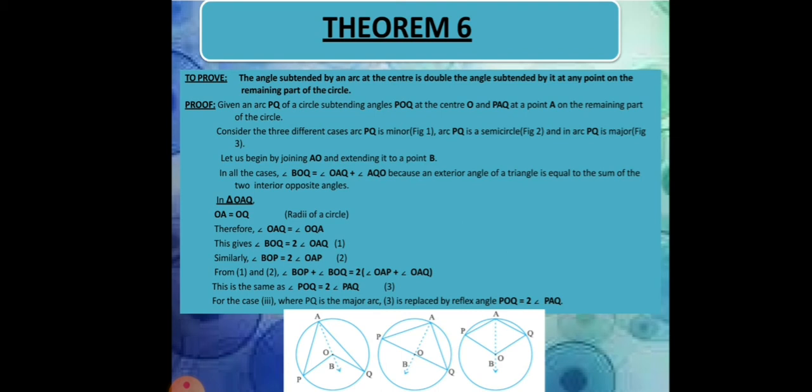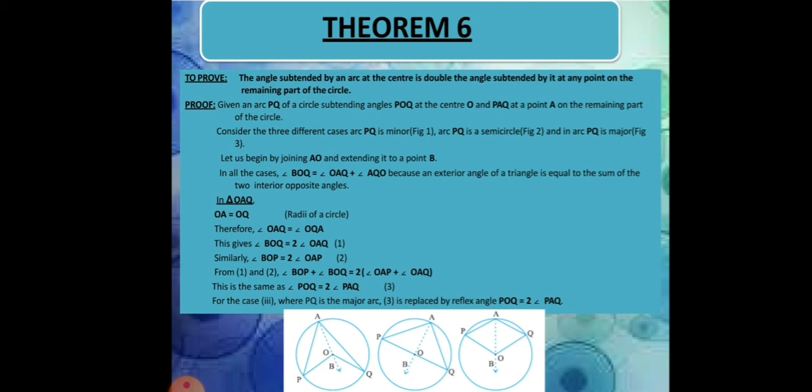Let's begin with joining AO and extending it to the point B. In all the cases, angle BOQ is equal to angle OAQ plus angle AQO because of the exterior angle property. By the exterior angle property, the exterior angle of a triangle is equal to the sum of the two interior opposite angles.